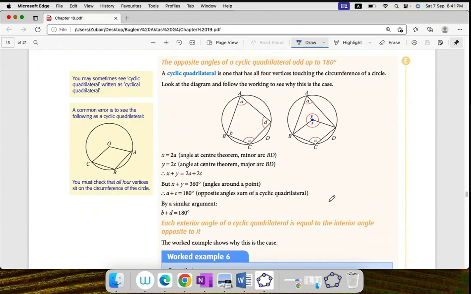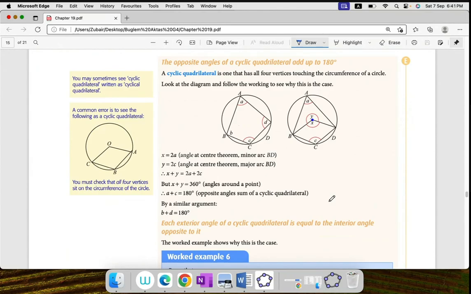In the second one, A is half of X, C is half of Y, and A is half of X. And A plus C is 180.